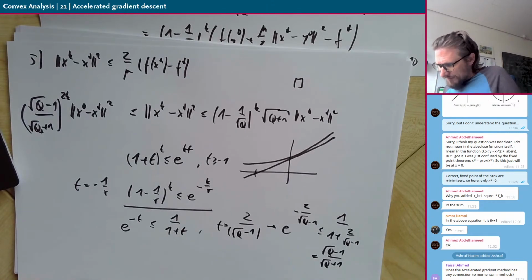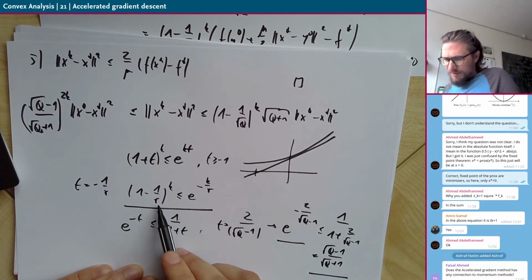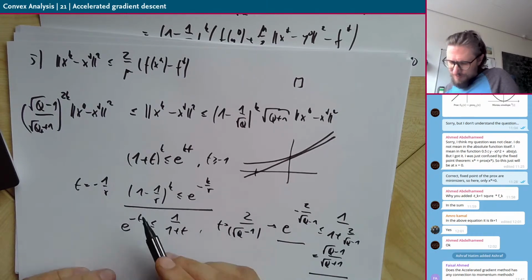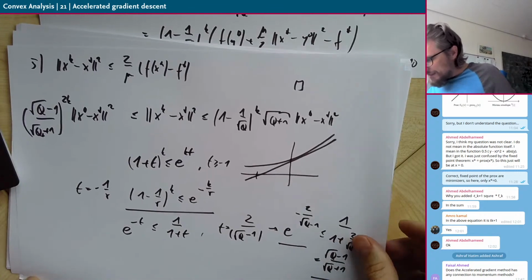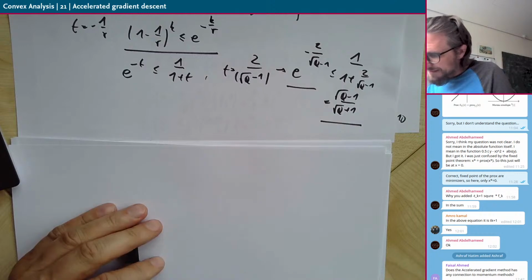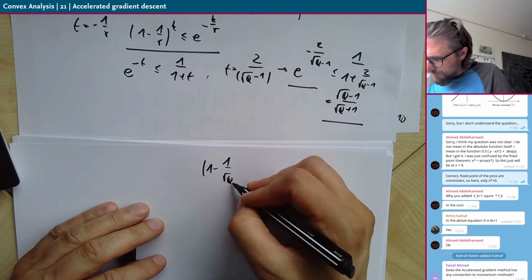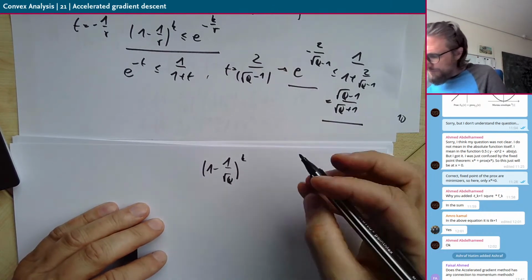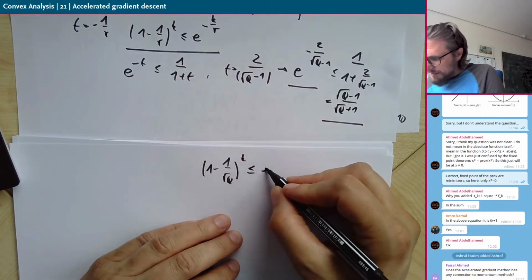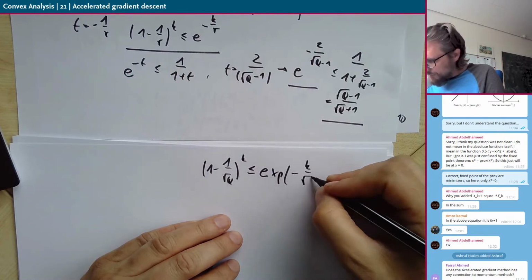So we have this here and that here, and I could even have written this with r equal to square root of q. So why did I do that? Because this gives us that the upper bound, 1 minus 1 over square root of q to the k without the factor, is smaller than e to the minus k over square root of q.